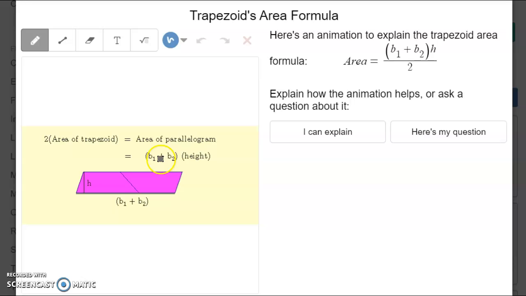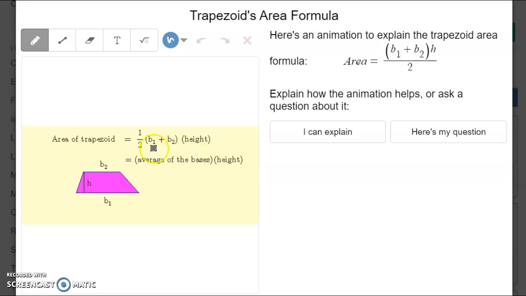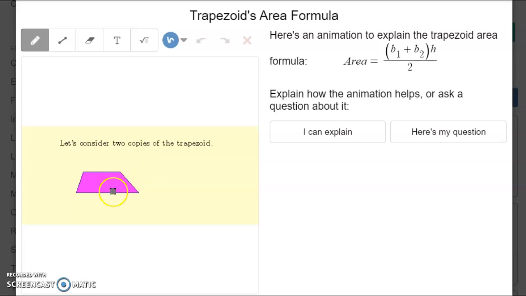Here is one of the bases, and the other base is B2 plus B1. So it's going to be B1 plus B2 times the height. But since there were 2 of them, you need to divide by 2, and that's where the equation comes from.